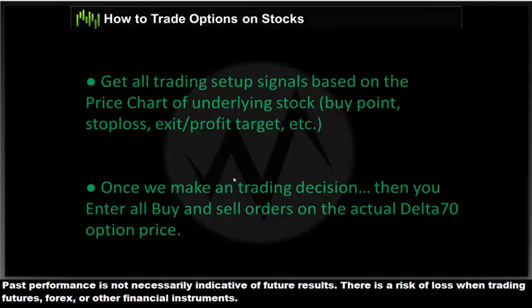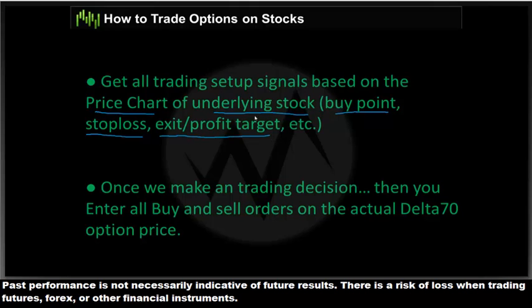Now, the one aspect of trading options on stocks that you need to wrap your mind around is that when we evaluate a stock, we are looking for trading setup signals based on the price chart of the underlying stock. We identify the buying point, where we're going to put our stop loss, where we're going to exit, or where our profit target is.